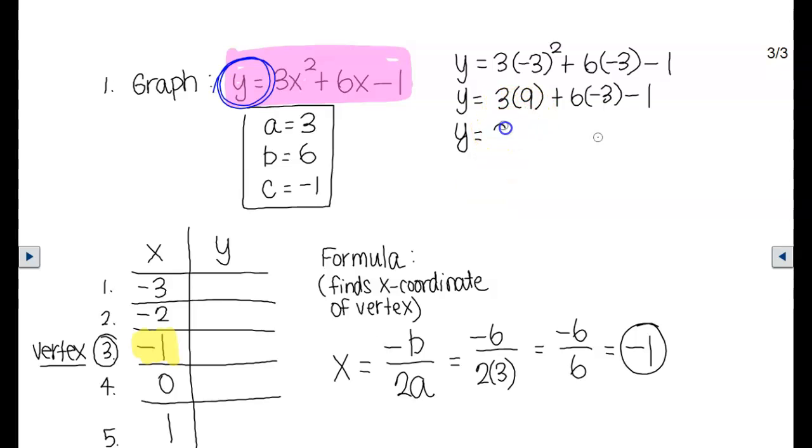So 3 times 9 I know is 27, plus 6 times negative 3 is negative 18, and then I have minus 1. And then last, I can do all of my adding and subtracting. So 27 plus a negative 18 would be 9. And then 9 minus 1, of course, would be 8. So when I plug in negative 3 for x, I get that the y is 8.